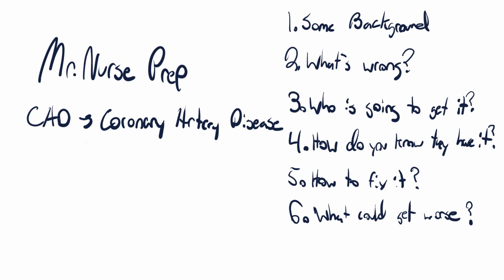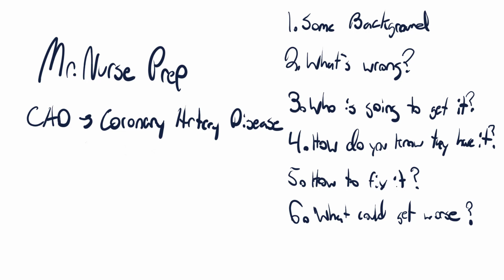As per our usual format, we're going to be talking about some background, where we discuss the anatomical processes that are being affected by this disease. We're going to talk about what's wrong, which is the pathophysiology of coronary artery disease. We're going to discuss who is going to get it, which is your at-risk patient populations.